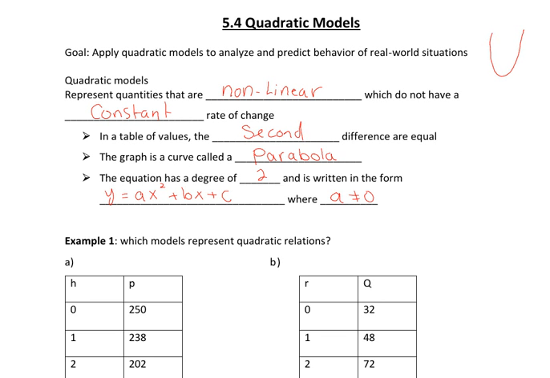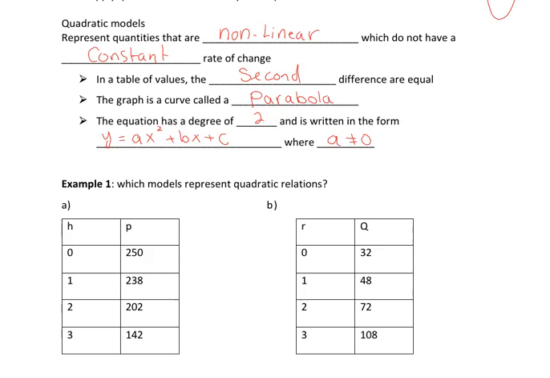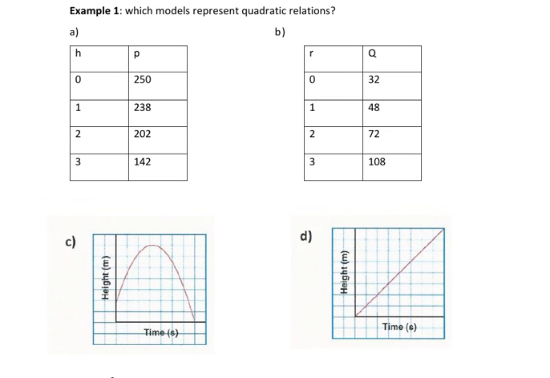So let's look at the example. Which model represents quadratic relations? Since I'm given a table of values, what do I have to do to figure out if it's quadratic or not? The difference. That's right.